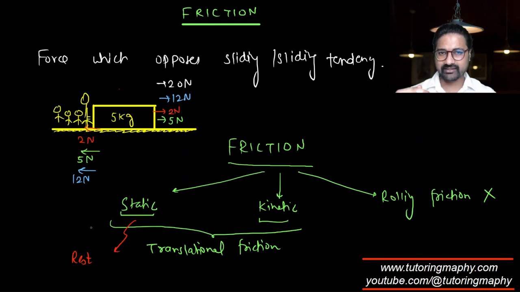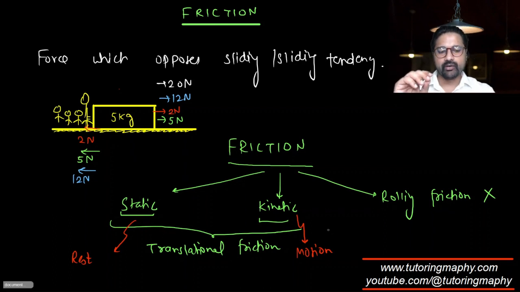And when dad came and the block started moving, the friction which acts when the block is in motion, I'm not saying the block is accelerating, I'm just saying it has some speed or velocity, is called kinetic friction. So static friction, kinetic friction: at rest, in motion.